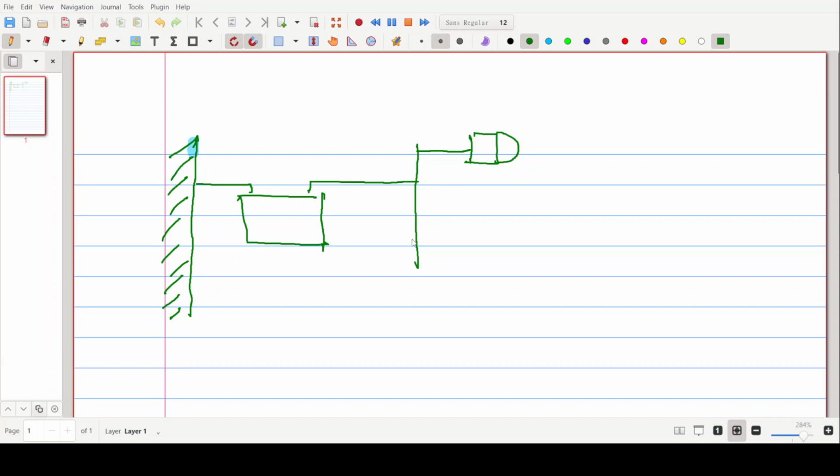Okay. So you have got two converters connected like this. So these are the... one second.